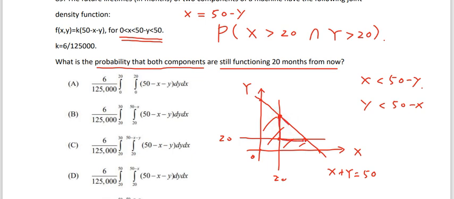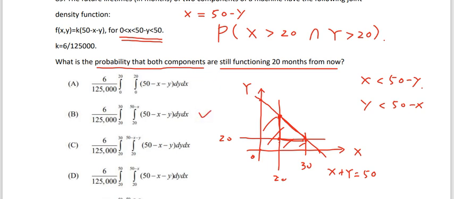For this triangle, we can say X goes from 20 to, so what is this part? If Y equals 20, here X is 30. So the integration of X is just from 20 to 30.